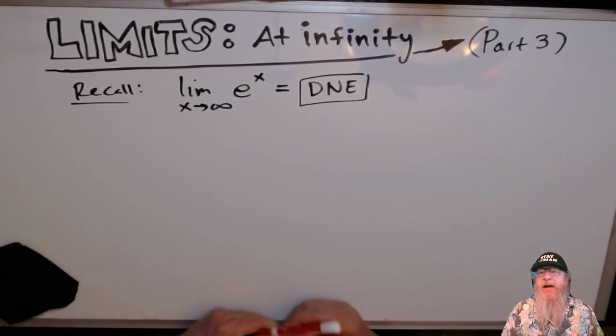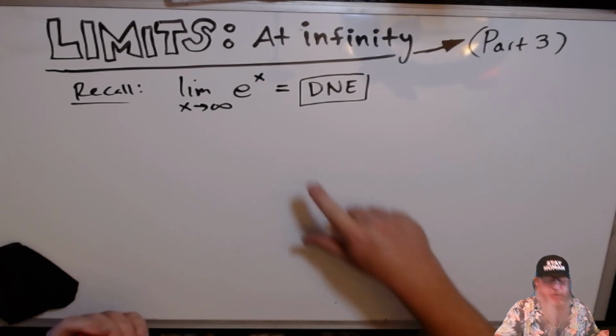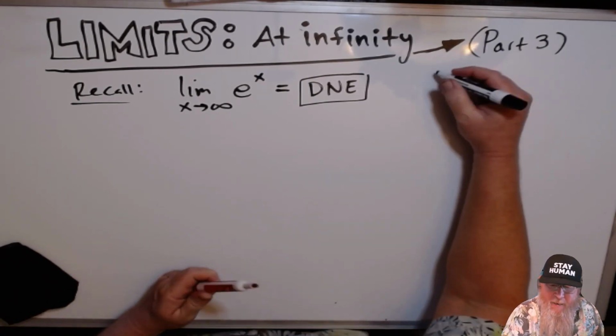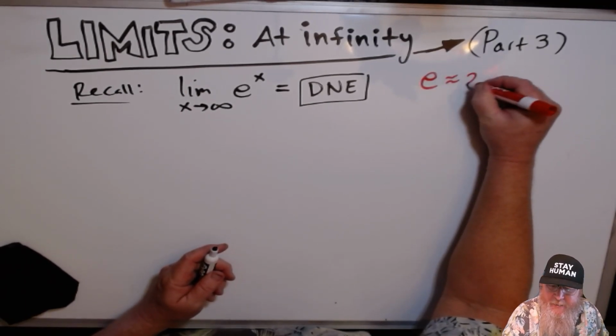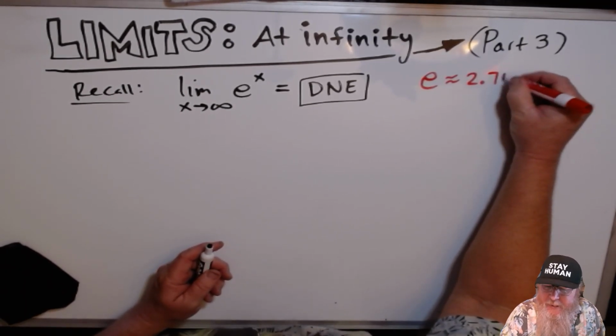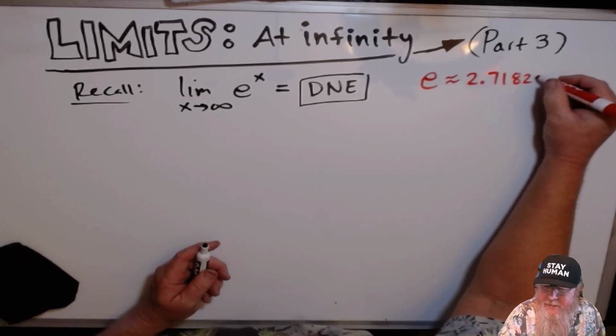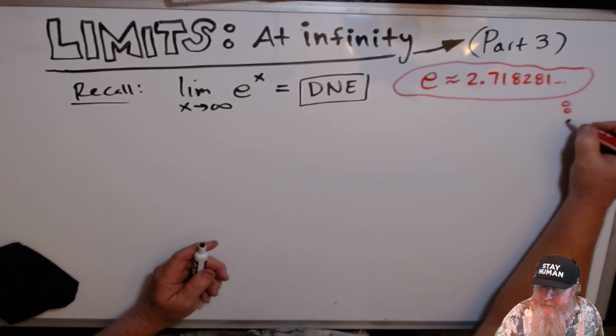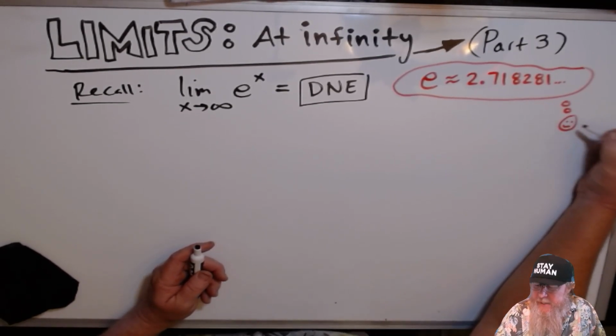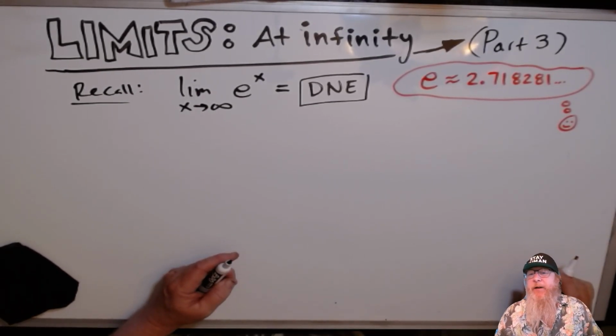Remember that? And it might not have been this function. I know that we defined e in a previous video as approximately 2.718281. It's an infinite, non-repeating, non-terminating, irrational real number.